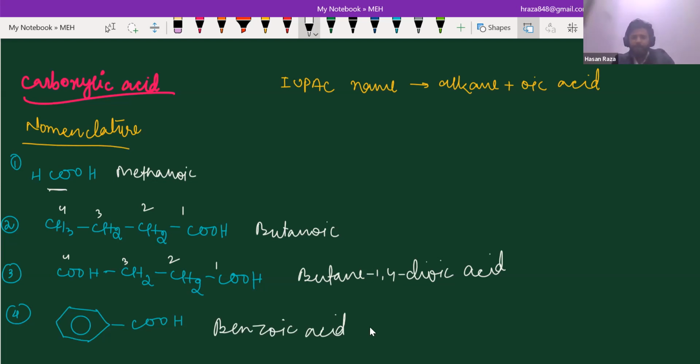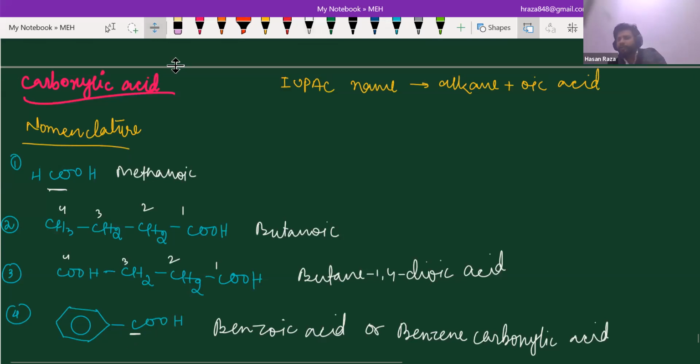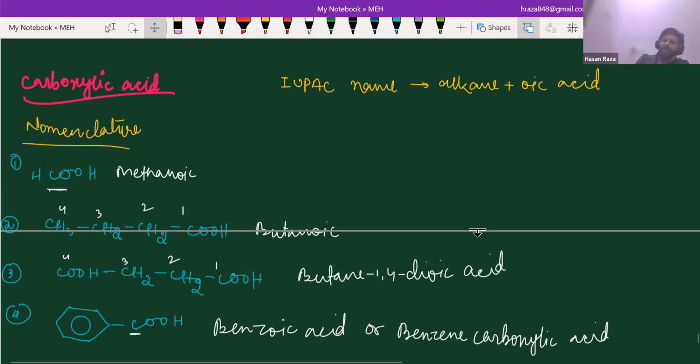Basically it's always benzene carboxylic acid. If you are unable to count this carbon, then it will be carboxylic acid, like in the case of aldehyde, when we were unable to count.